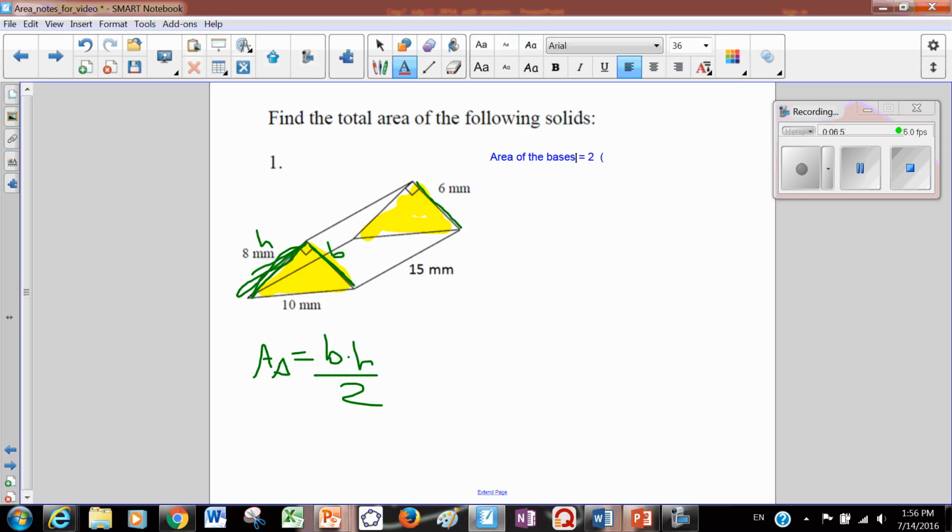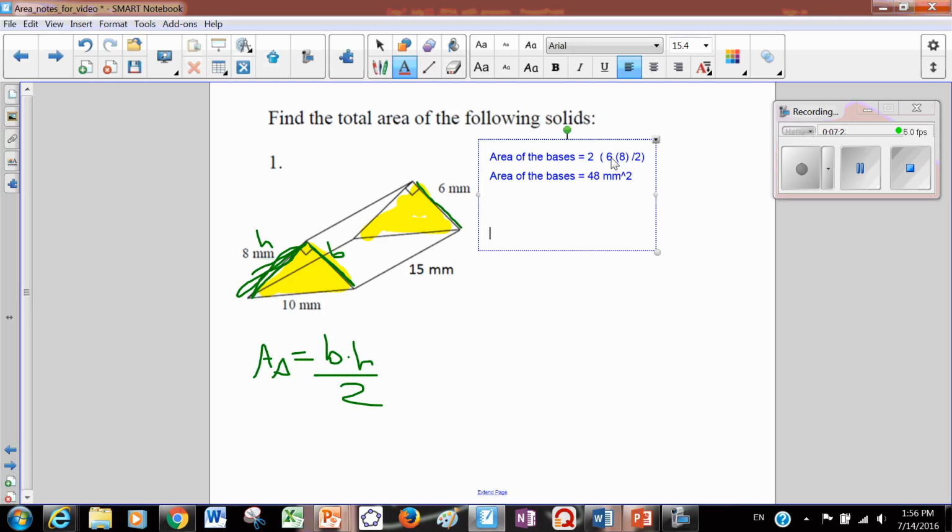So if I come back to my formula here, I'm going to do 6 times 8 and then divide by 2. But because I have 2 bases, I'm going to have to times by 2 after. So area of the bases is going to be 48 millimeter square.